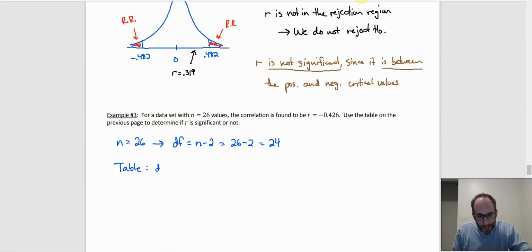All right, so if the degrees of freedom is 24, then the critical values are going to be plus or minus 0.388.